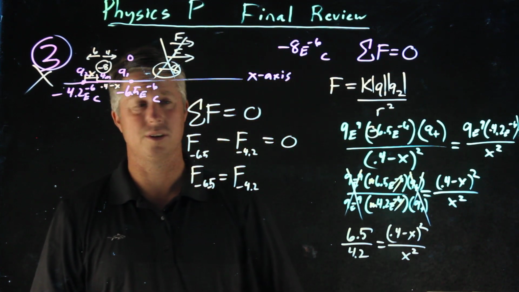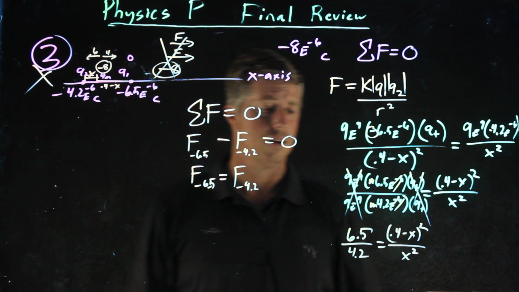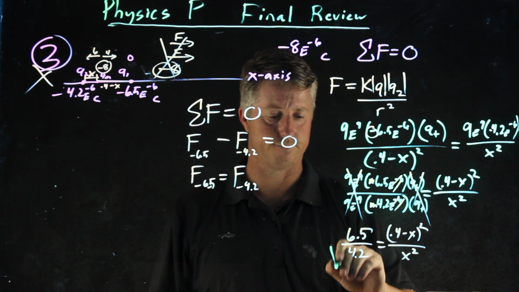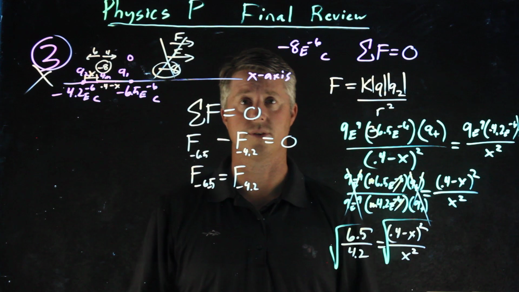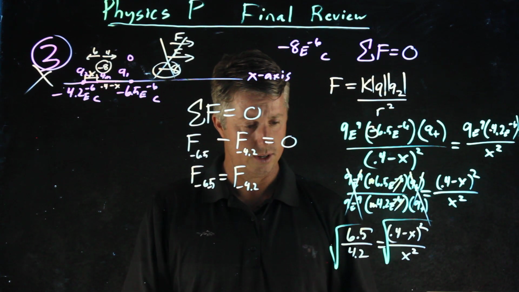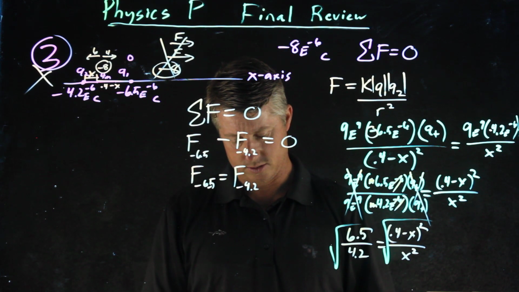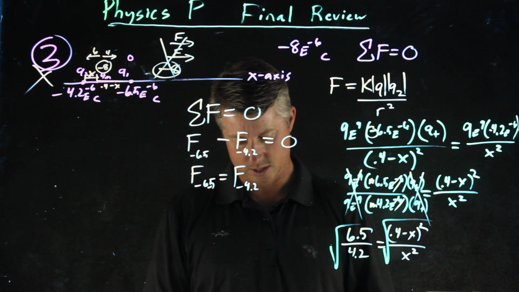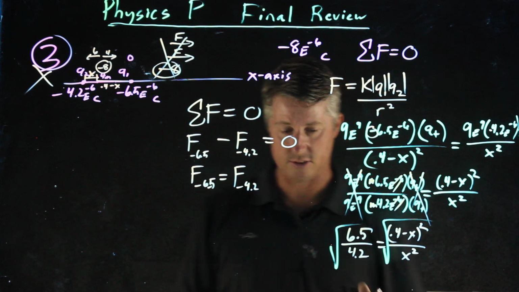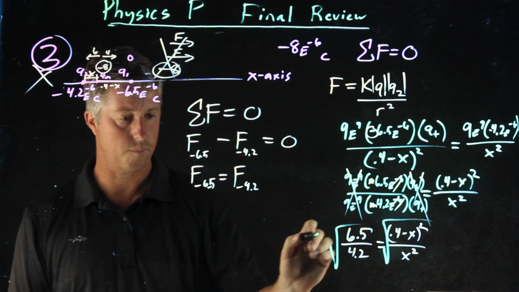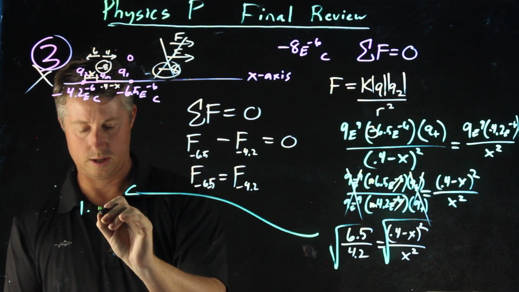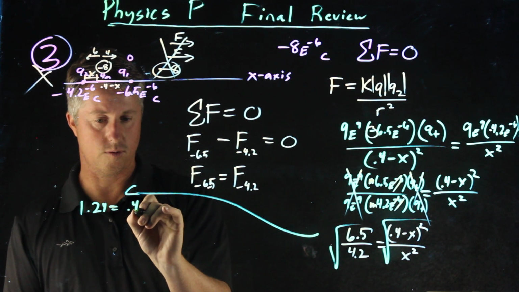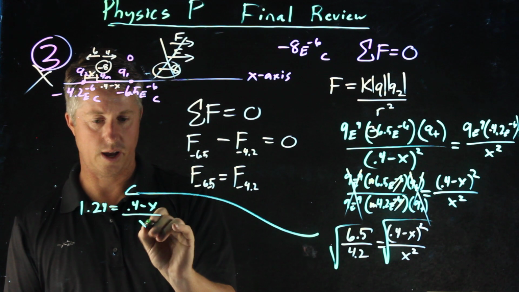Now before you jump into more complicated math, realize this is a square term. Square root both sides. Make it easy on yourself. So let's do that. 6.5 divided by 4.2, and then square root that answer, gives me, I'll work it over here, 1.24 equals (0.4 minus x) over x.